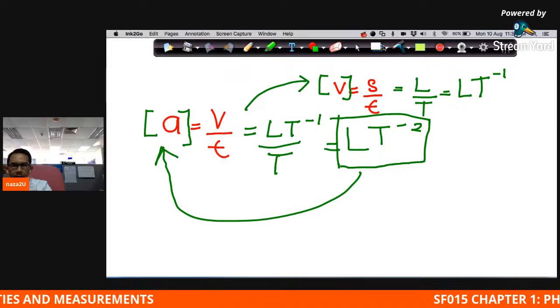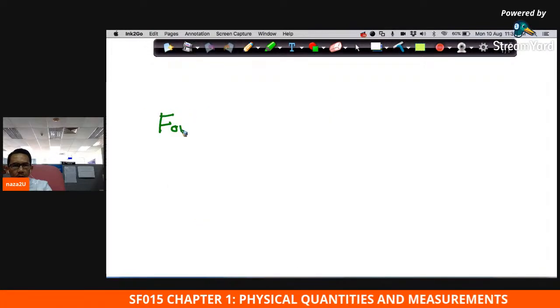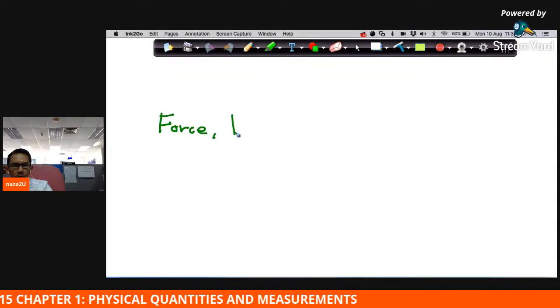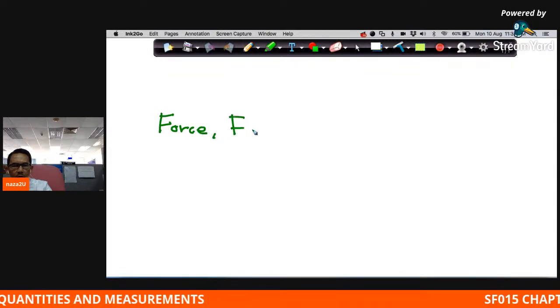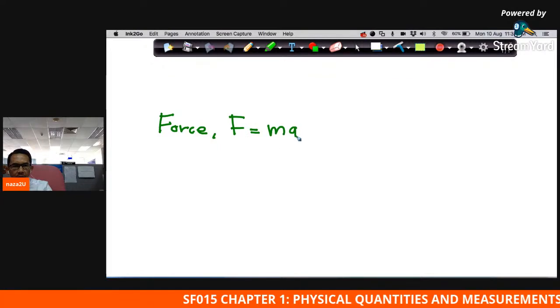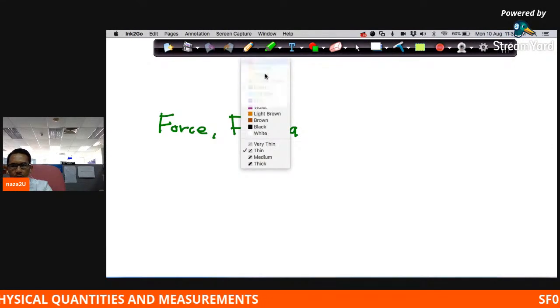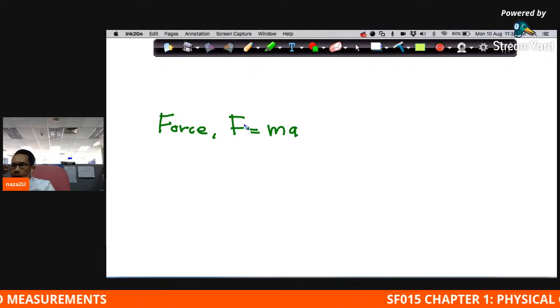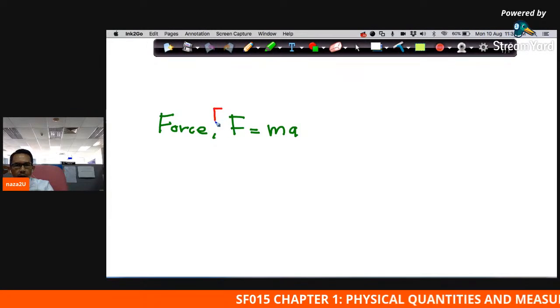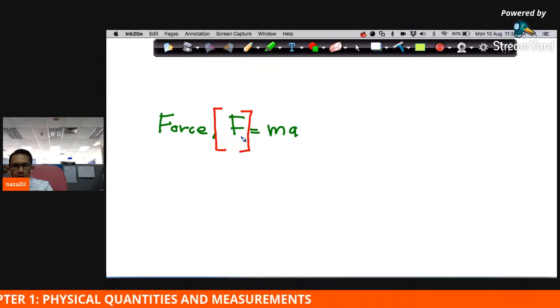Okay, the next example. Let's say we have the equation for force. Force is F. So how do we calculate force? The equation for the force is F equals MA. So how can you find the dimension for the force?